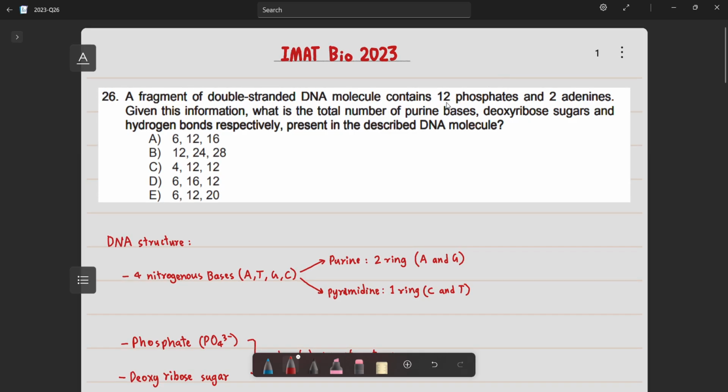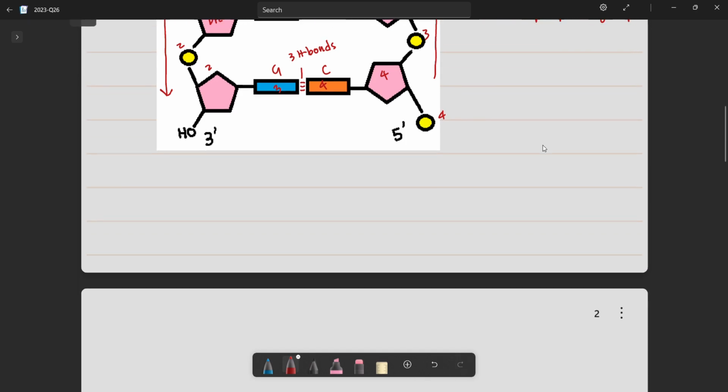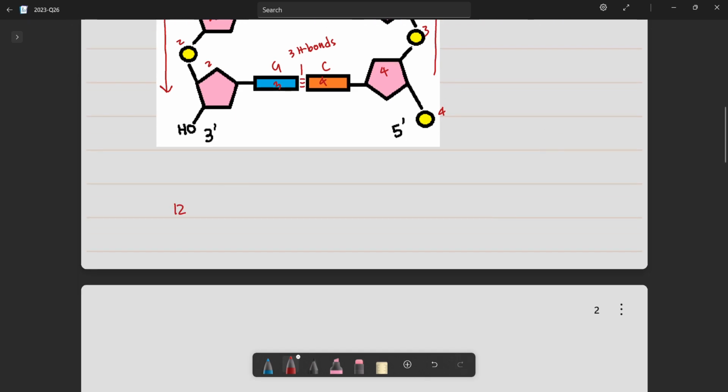Since we're given 12 phosphates, there must be 12 total nitrogenous bases, and a total of 12 phosphate groups.